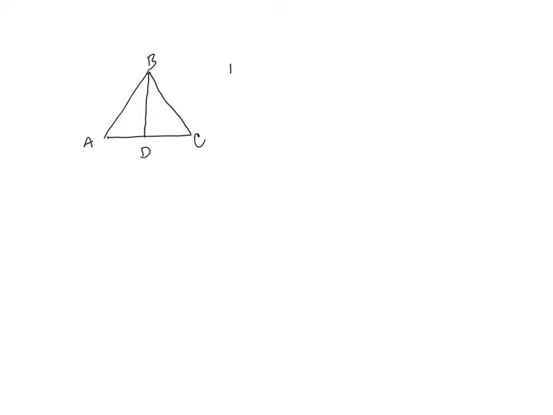So, is triangle ABD congruent to triangle CBD? If it was labeled like that, it's telling me that AB is congruent to BC, and that the little angles at the top, angle ABD and angle CBD, are congruent.